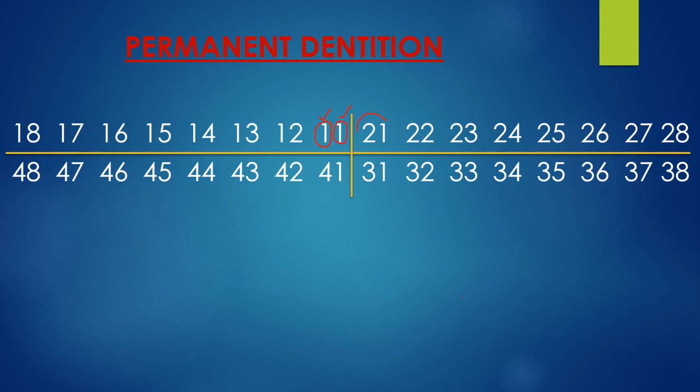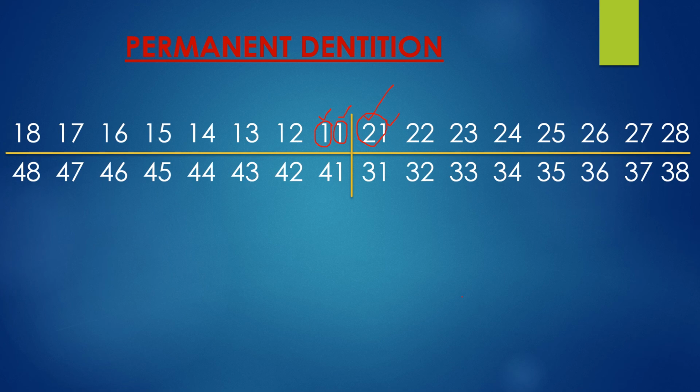Similarly, 2 is denoting the upper left quadrant and 1 is representing the tooth number, that is central incisor. So 2-1 is showing the upper left central incisor. Similarly, this is for lower teeth also.